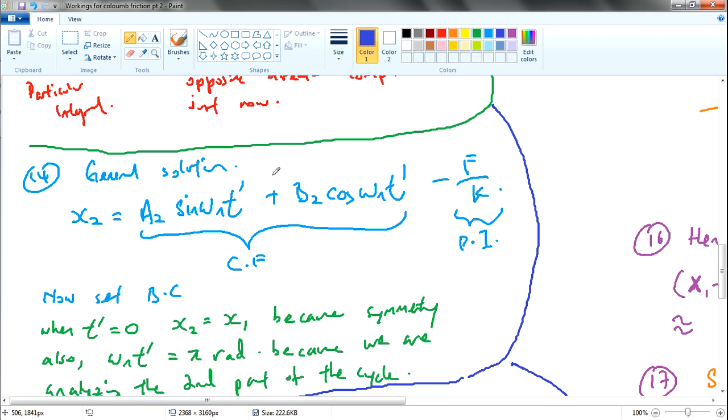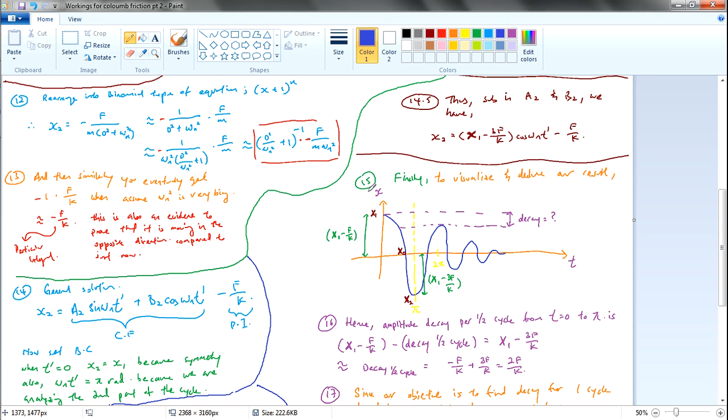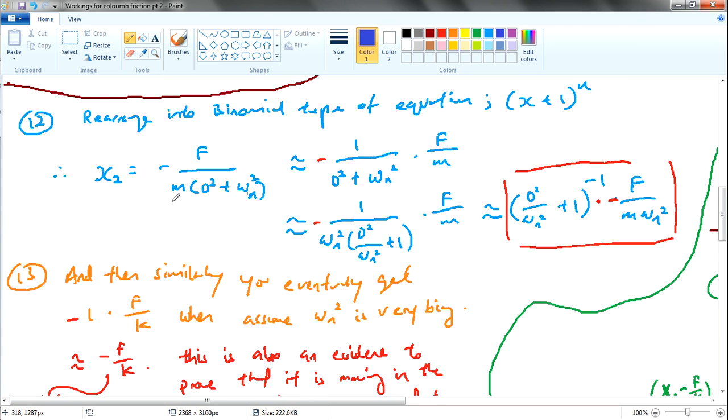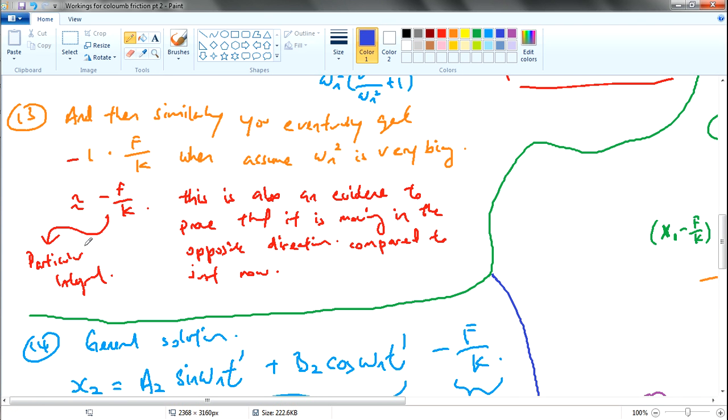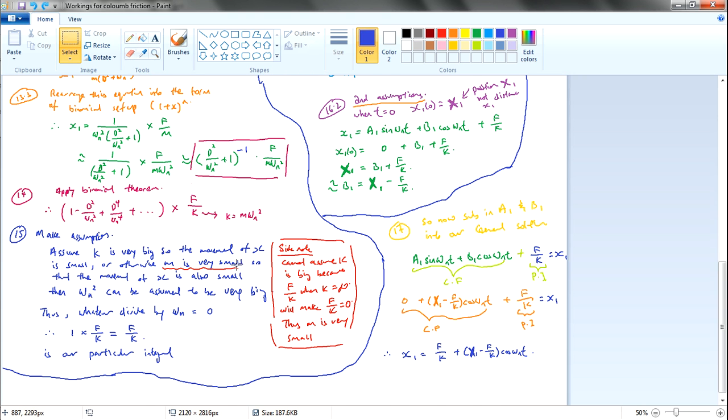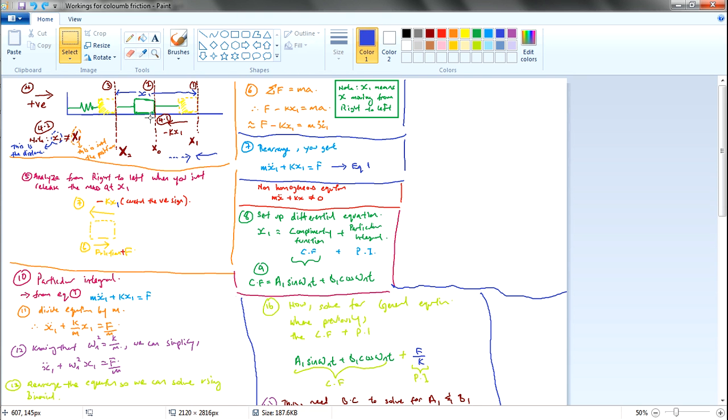So let's continue. Previously we stopped at deriving our particular integral, but I also haven't said that this particular integral can reflect evidence that it is moving in the opposite direction compared to the previous configuration where we move from here to here.